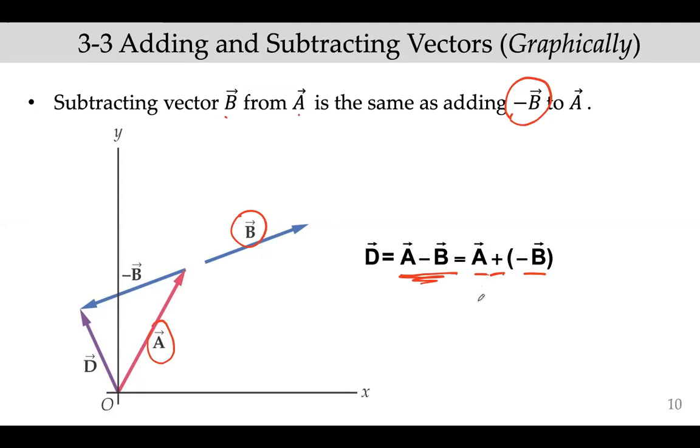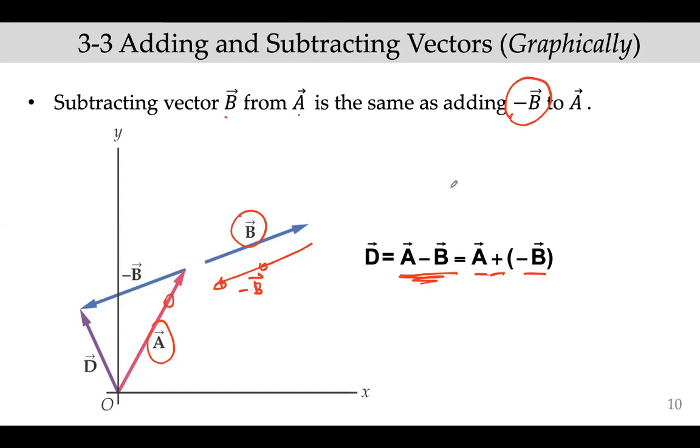So what I have to do is, the rule of subtracting is basically, now instead of b, I have to find the negative b, which is in this direction. So this is negative b. Now I'm going to do a plus negative b. So I will basically add this vector here and this vector here.